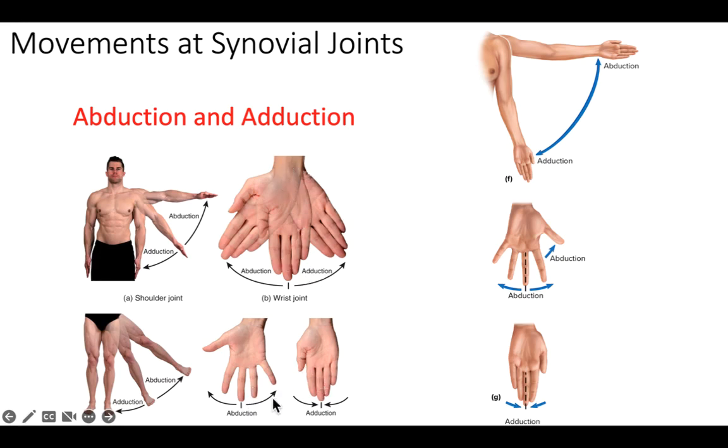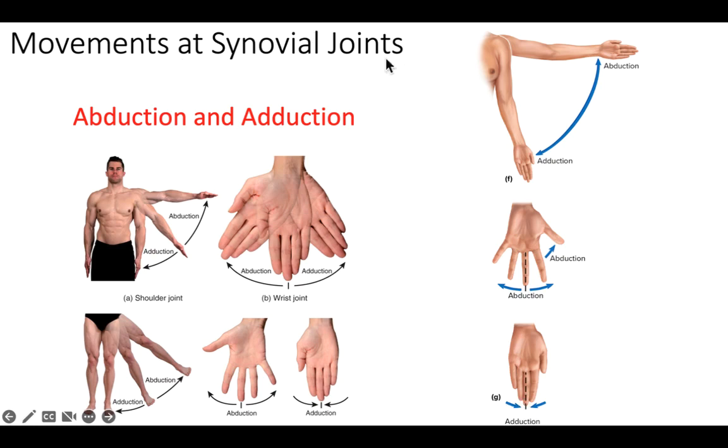You can abduct and adduct your individual fingers. When you spread them apart like this, they're moving away from the midline of the hand, whereas if you're moving them back in, you're adducting. There's that shoulder again, abduction, adduction. There's the fingers again, abduction and adduction.